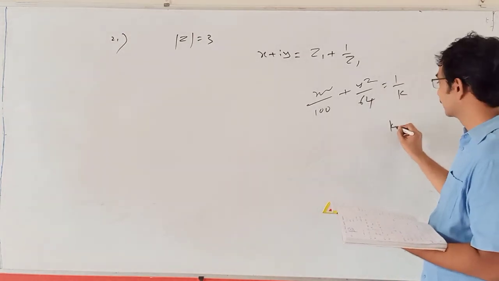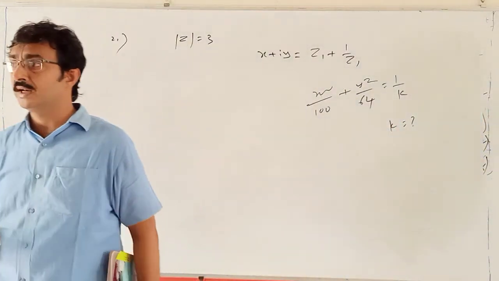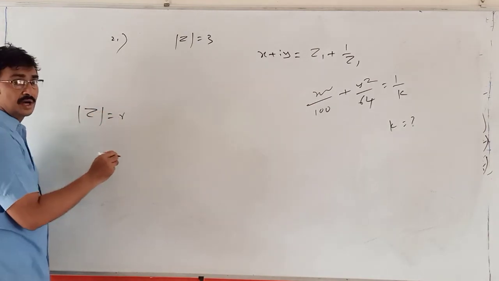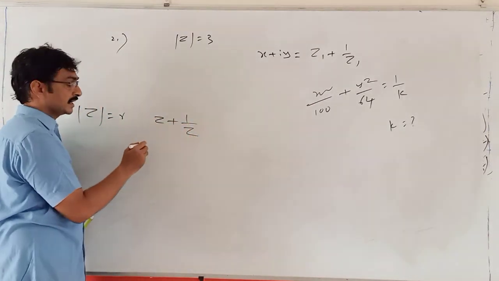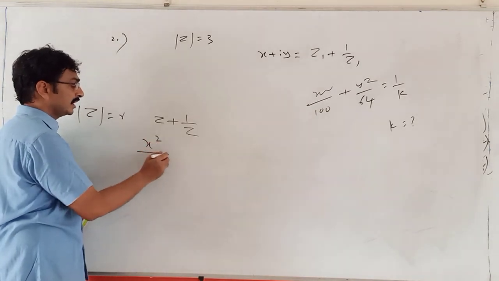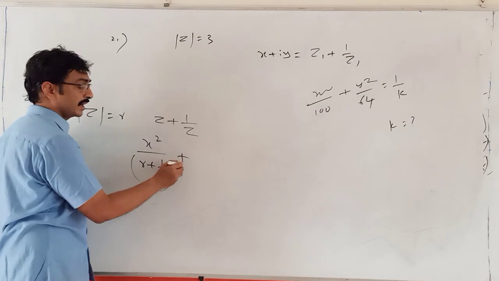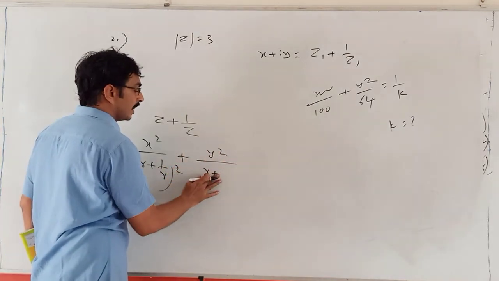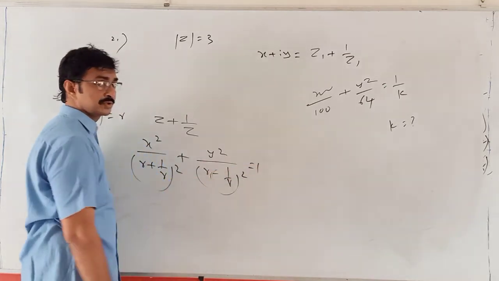Clearly the concept related to this one: mod z equal to r, then the locus of z plus 1 by z is an ellipse whose equation is x square by r plus 1 by r whole square plus y square by r minus 1 by r whole square equal to 1.